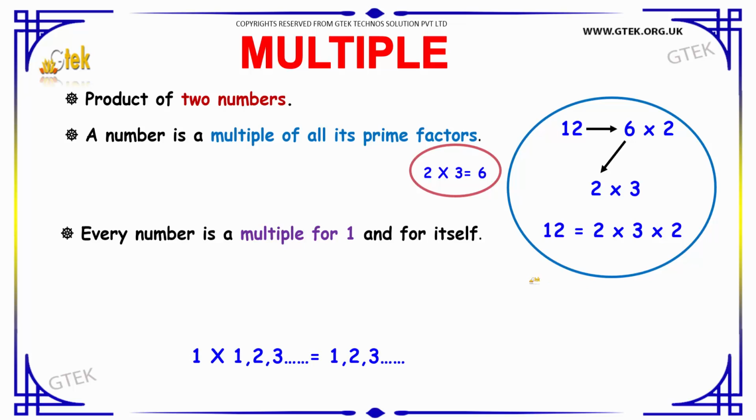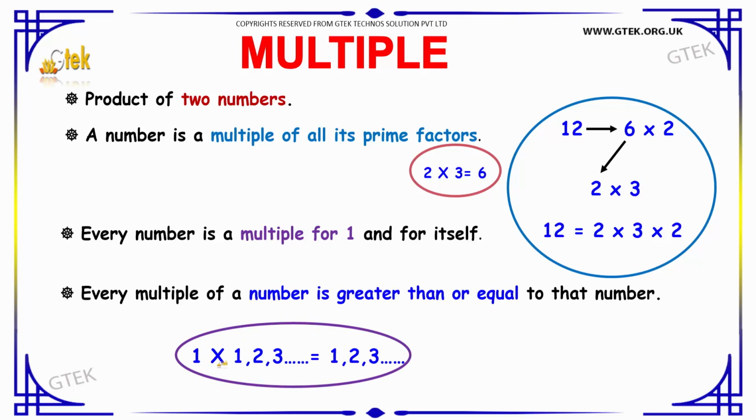Every number is a multiple for 1 and for itself. So if you see, 12 has the multiple of 1 and itself. Every multiple of a number is greater than or equal to that number.